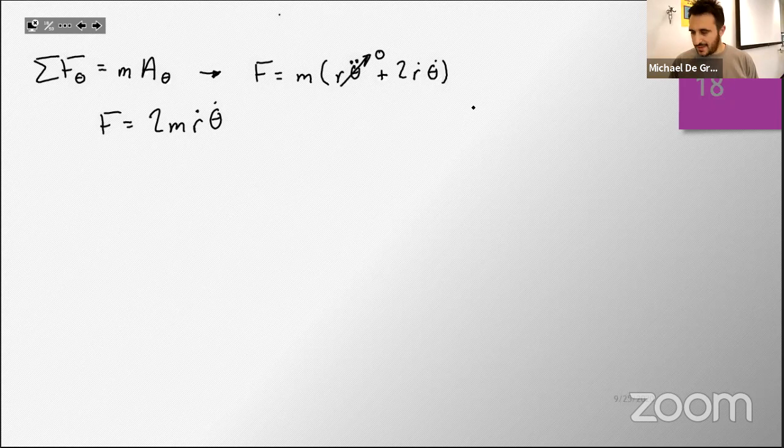But isn't r dot just v sub r? And don't we have an expression for v sub r squared that we just came up with? We sure do. So we're going to plug that in for v sub r.